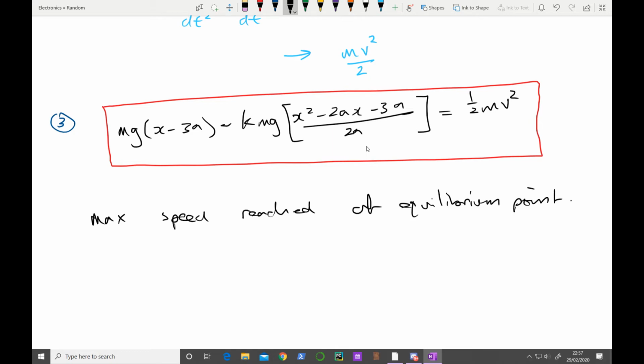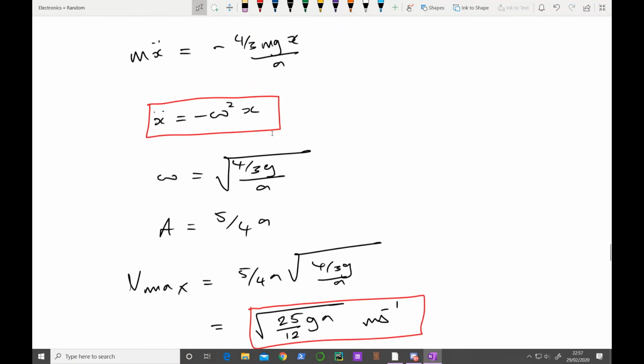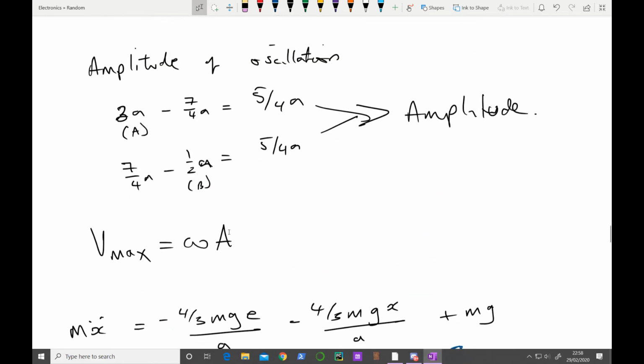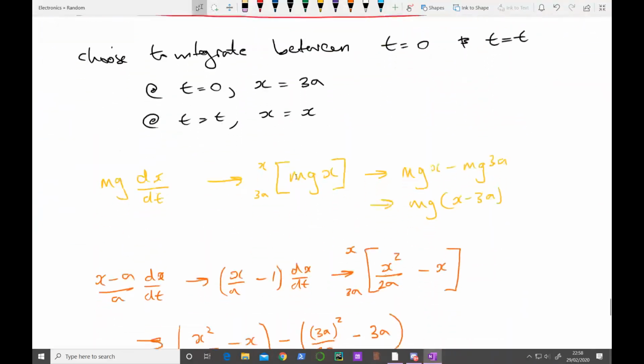From the last video, we calculated the equilibrium point as being, I think it was 5/4 a from ceiling. So the equilibrium point is 5 over 4a. Now, let me just check back my notes. No, that's wrong. That's the amplitude. So the equilibrium point is 7/4 a.